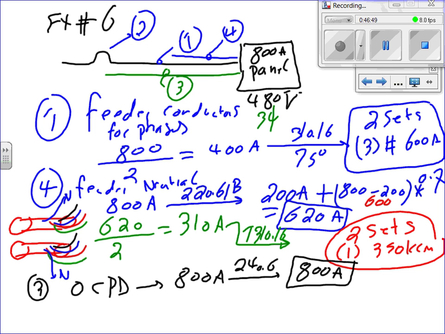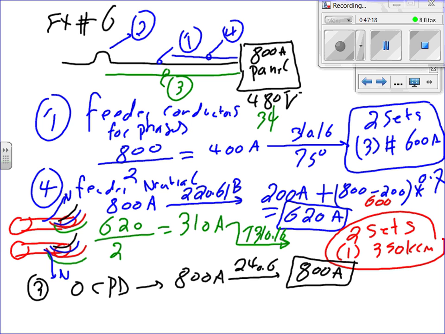Here's my question for you. If you have a panel, the size of the panels, guys, does not match the size of the overcurrent protection device. Say if I picked a 900 amp, assume there's a 900 amp panel, and I need to size the overcurrent protection device for it. And my option is either I go to 800 or 1000.